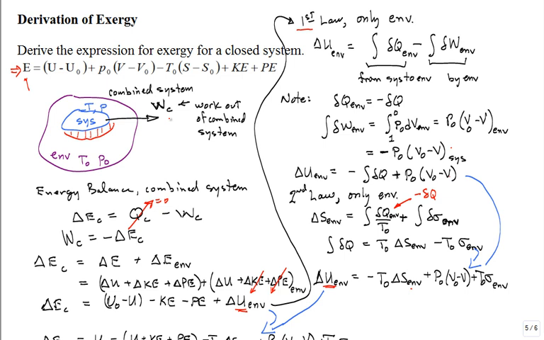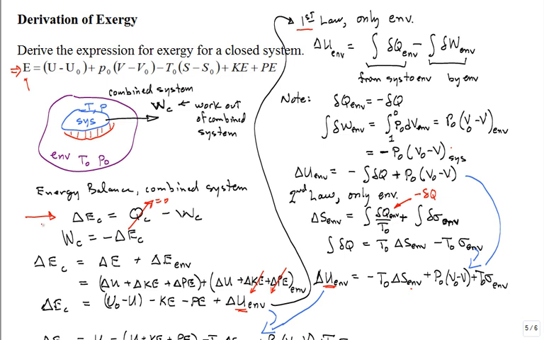That's our exergy. It's doing useful work. Okay. So what do you do? You write the energy balance for the combined system. Does that look good for an energy balance of combined system? What is that E there? Is that energy or exergy?